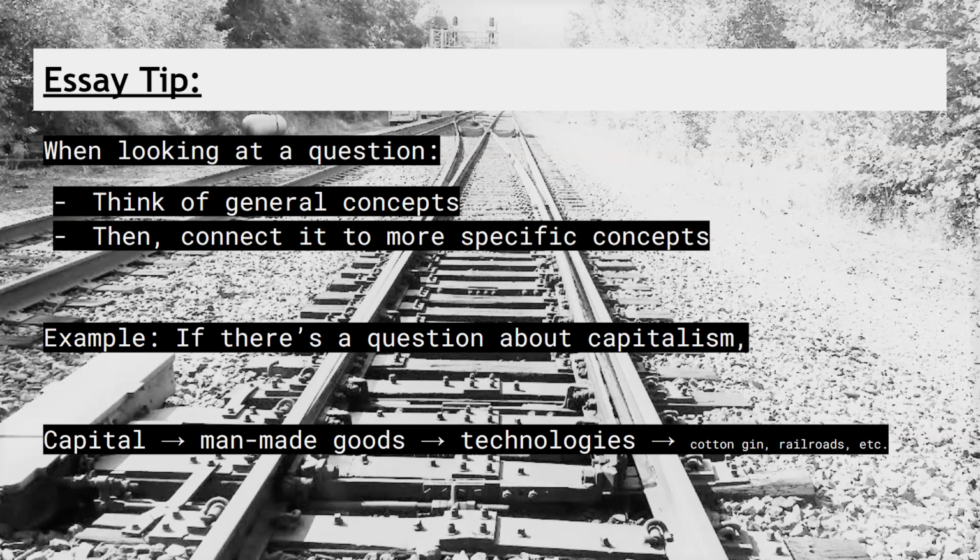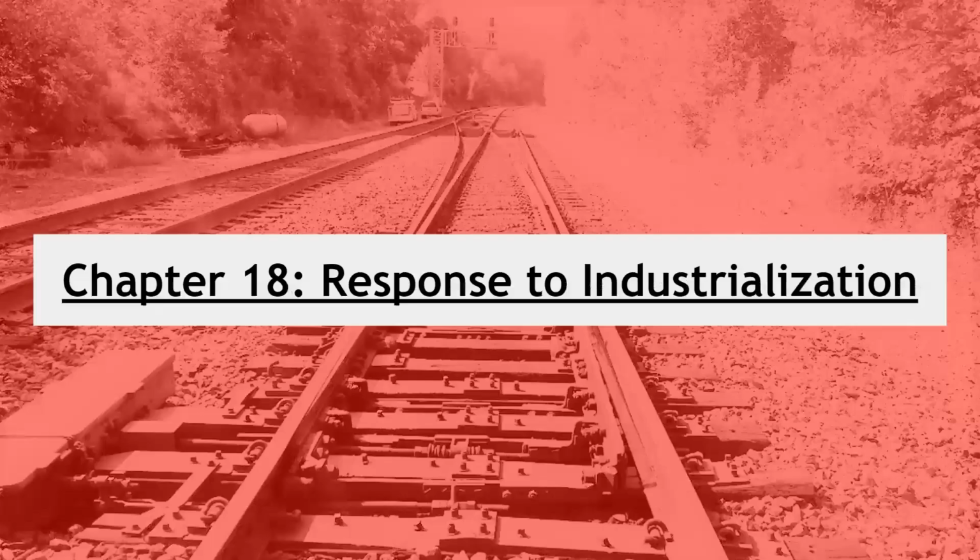Like how I'm telling you all these specific things, use them and be specific. For example, if there was a question about capitalism, you could say capital. Okay, that's pretty general. Get more specific: man-made goods, more specific technologies, and then very specific actual terms: cotton gin, railroads, etc.